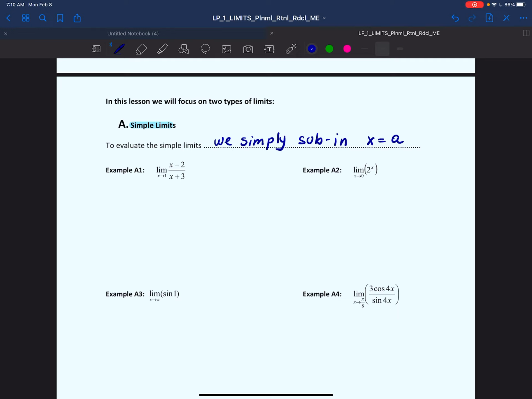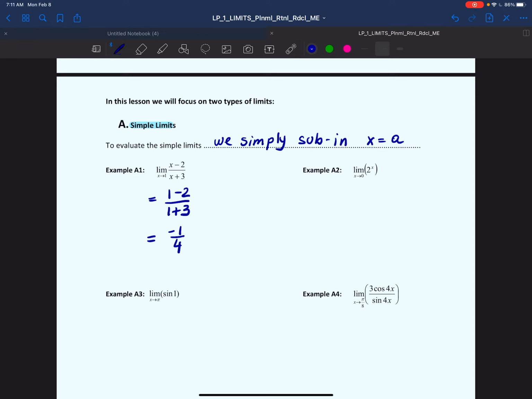Okay? So in this case, we have the limit as x approaches 1 of x minus 2 over x plus 3. So that means that x is allowed to be 1. I will substitute and see if I can evaluate it by direct substitution. So that's negative 1 over 4, so that's the answer.